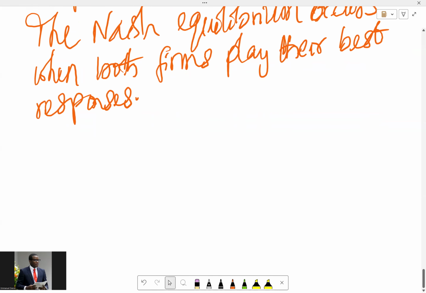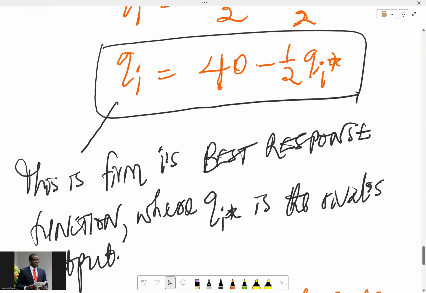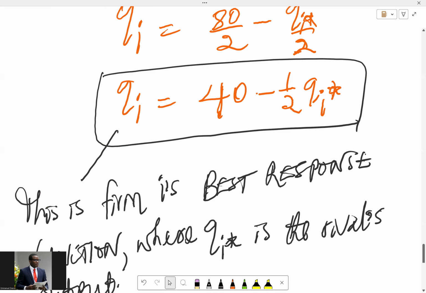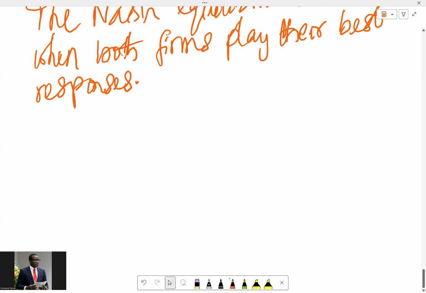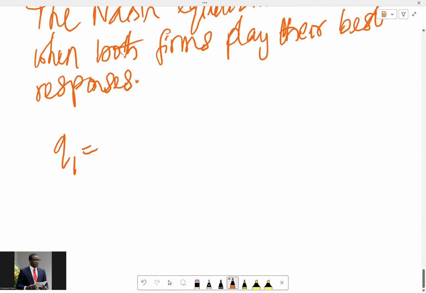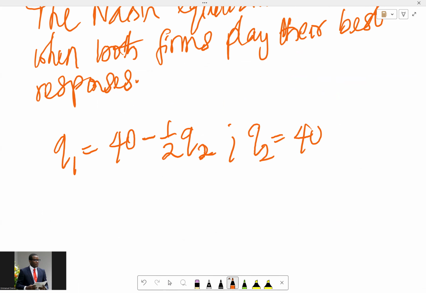Like we already know, qi is 40 minus half qi star. So q1 is equal to 40 minus half q2. In the same way, we have q2 to be 40 minus half q1.